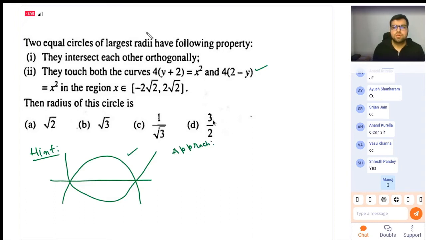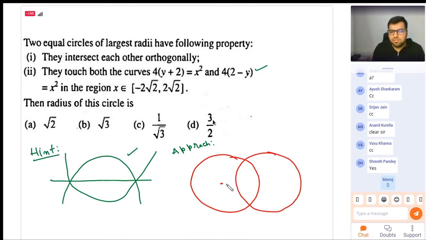So what happens when you have a pair of equal orthogonal circles? These are a pair of equal orthogonal circles. This is one center, this is the other center. Now what you will do is join this with this, with this. You can keep on joining tangents and normals.